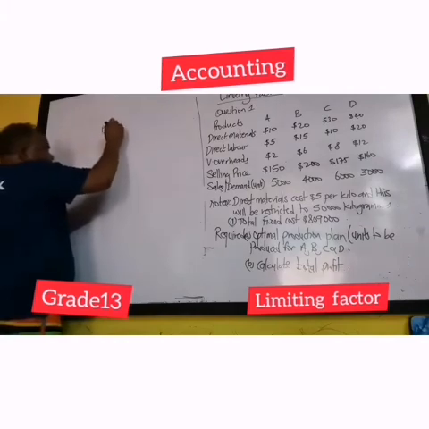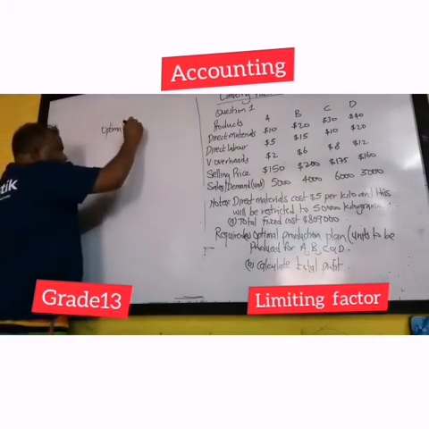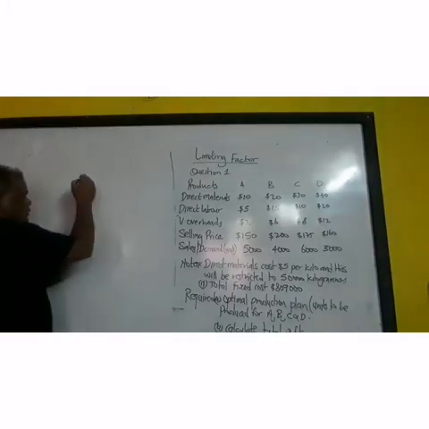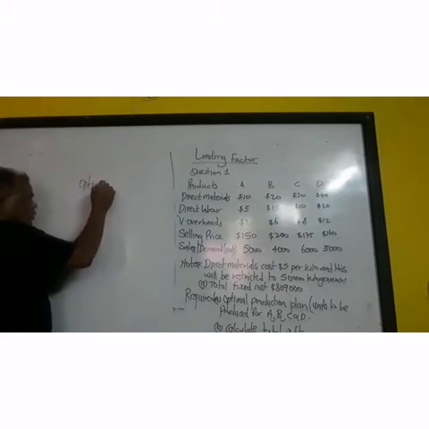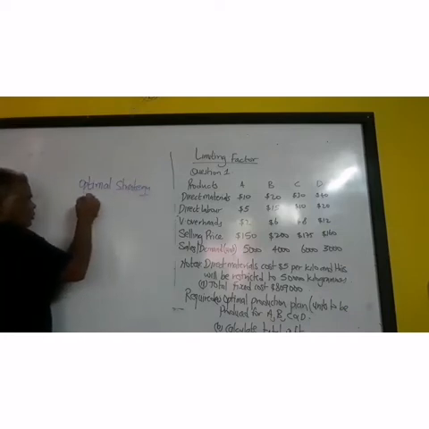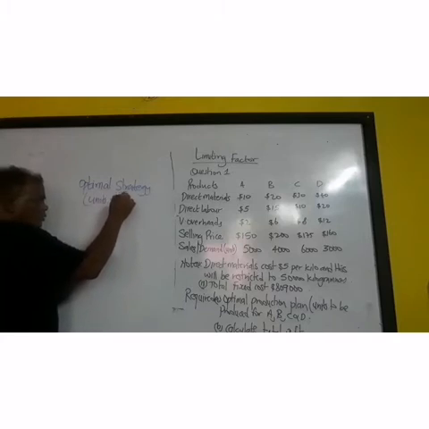This is called the optimal strategy. So we are going to seek the optimal strategy, that is the number of units to be produced. So here we take units times limiting factor.